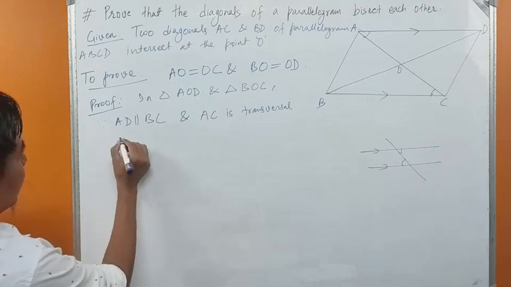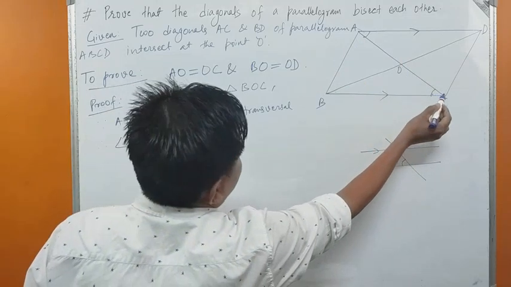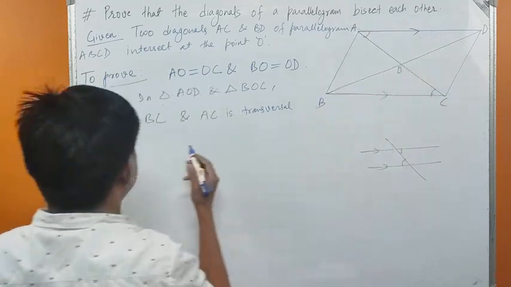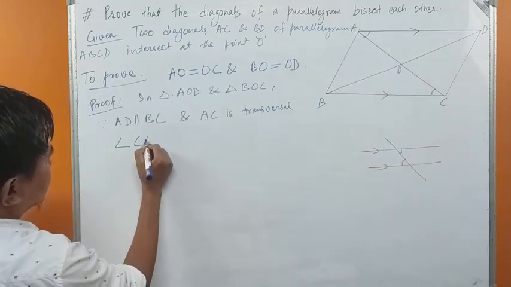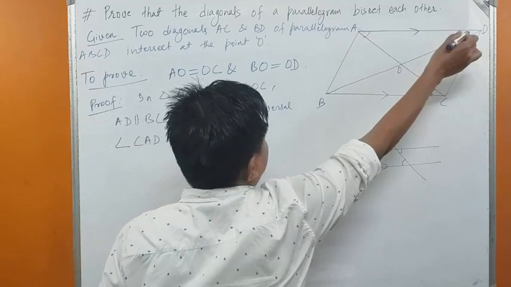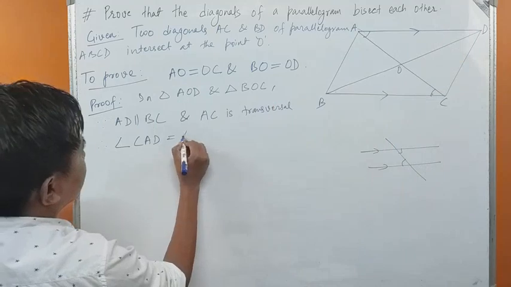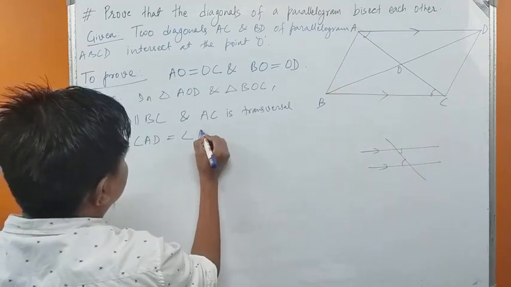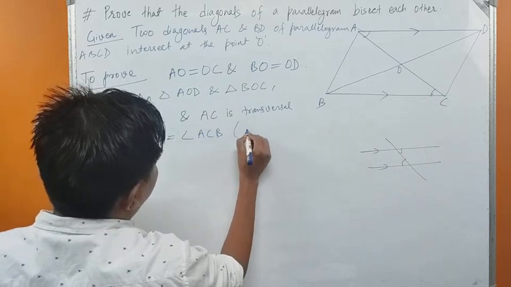Therefore, angle CAD, A must be in the middle, okay? Angle CAD must be equal to angle ACB, isn't it? ACB, alternate angles.